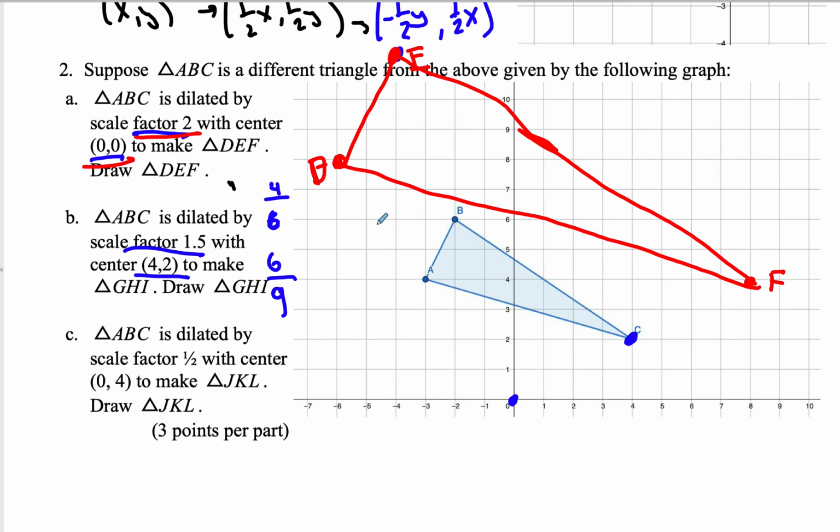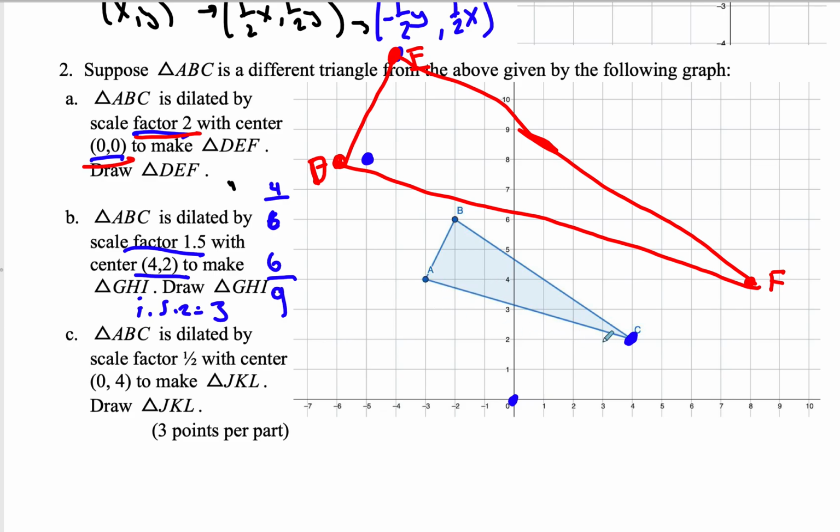Notice also, if you break it down into these over 3 up 2s, it's 2 of these over 3 up 2s away right now. So what's 1.5 times 2? It's 3. So if it was 2 of these over, now it's got to be 3 of these over because it's got to be 1.5 times as far away. Okay, it's another way to think about it.